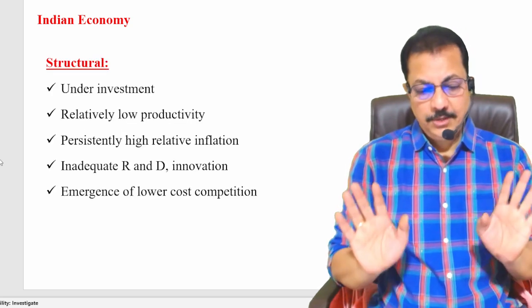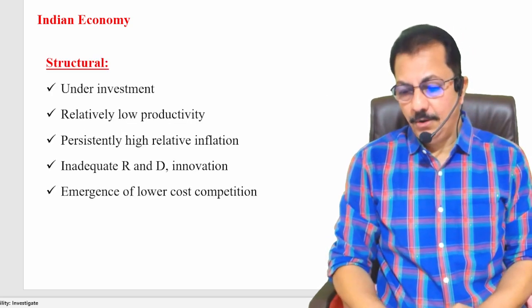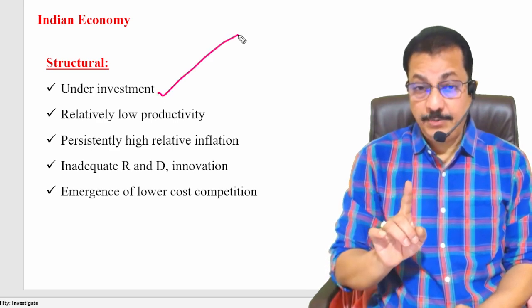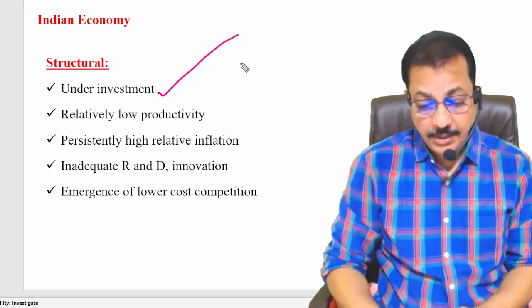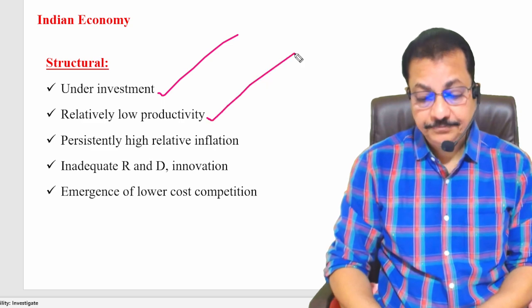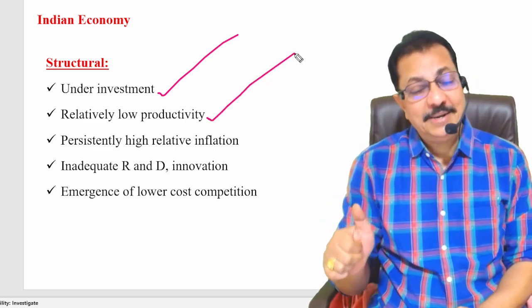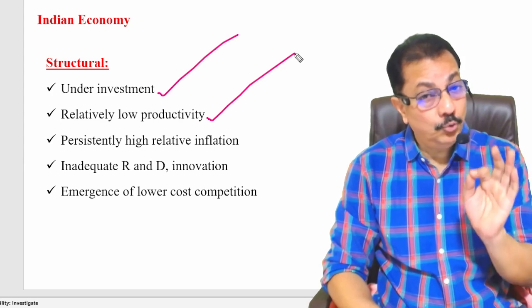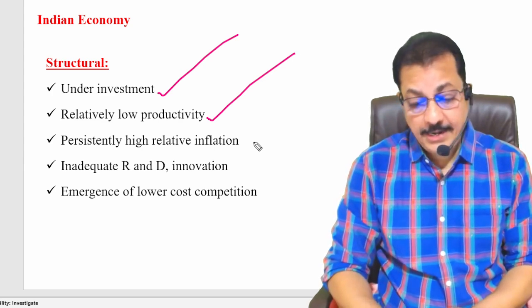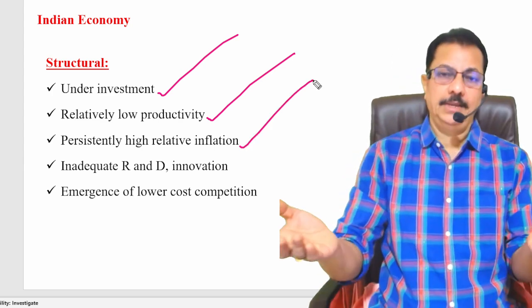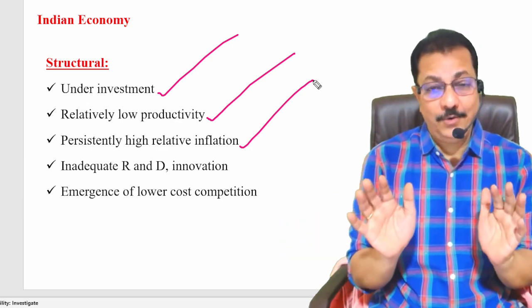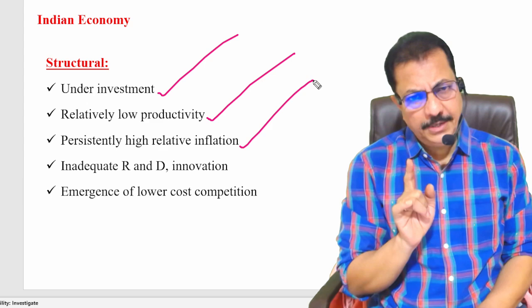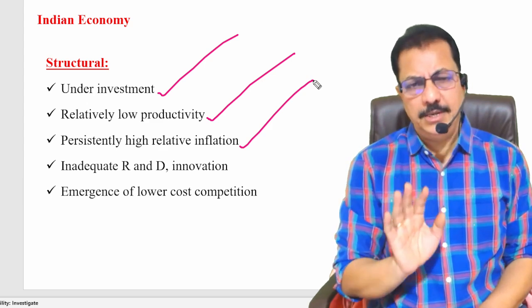Look at this. So when it comes to structural, what do you face? Under investment. Low investment means low productivity. That's it. Low investment, low productivity, very less number of goods and services available, and that will lead to inflation. Since you're all following my classes from class number 1 till today, you should be able to understand these points very clearly.